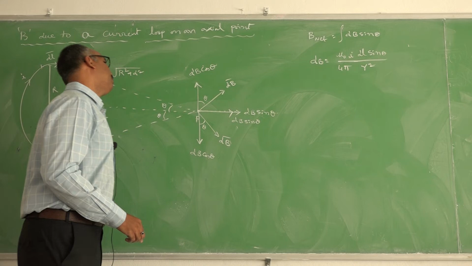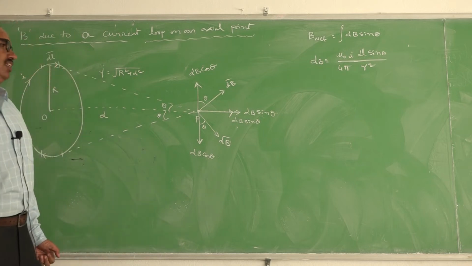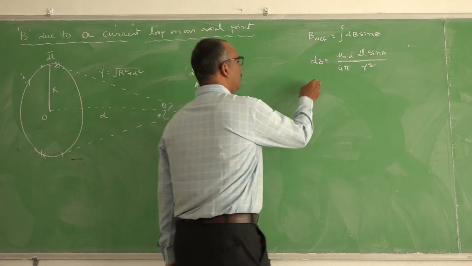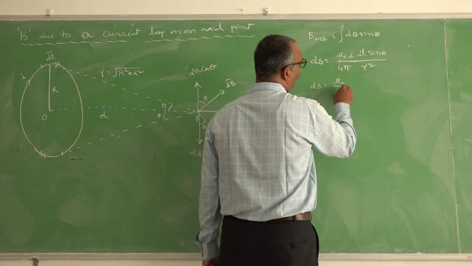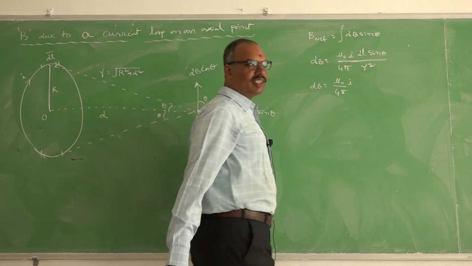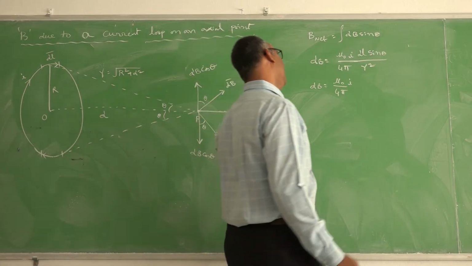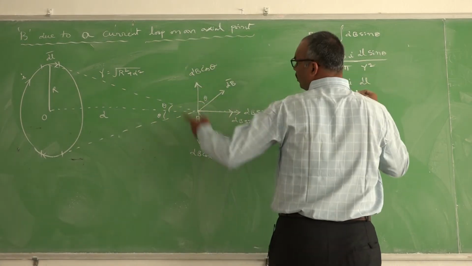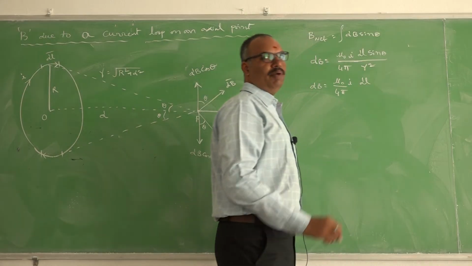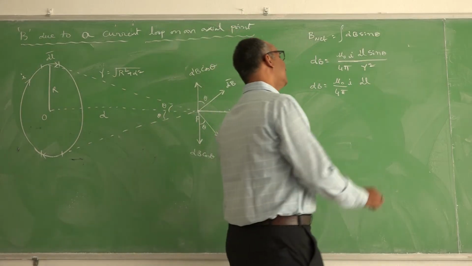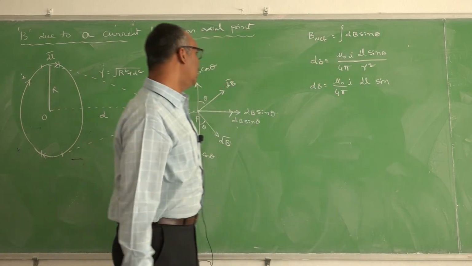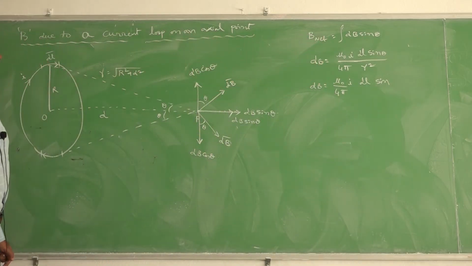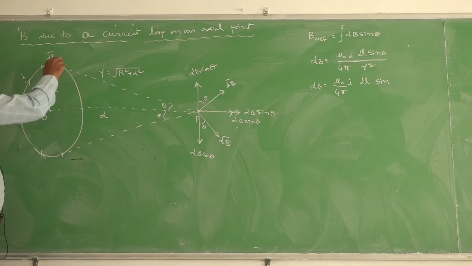If we apply the same principle here, dB is equal to mu naught by 4 pi, which is anyway constant, I is the strength of current passing, which is also constant. Here dl is the length of the element. Sin theta, here theta is the angle between radius vector as well as length vector.